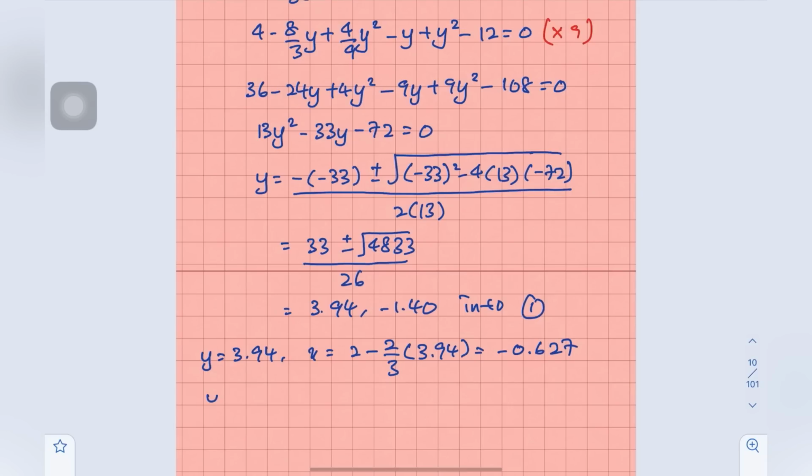When y equals negative 1.40, x equals 2 minus 2 over 3 times negative 1.40, which is 2.93. So now we have two values of x and two values of y.